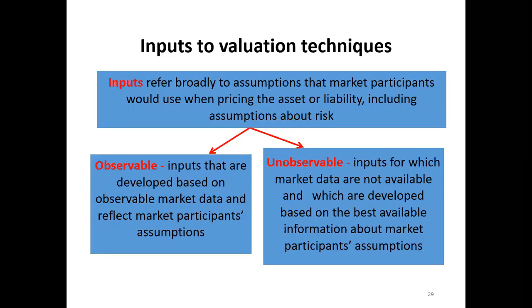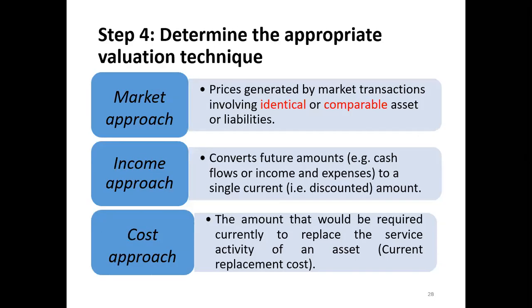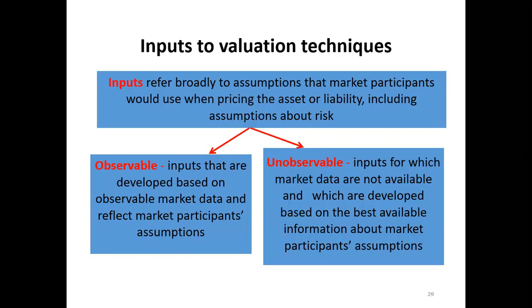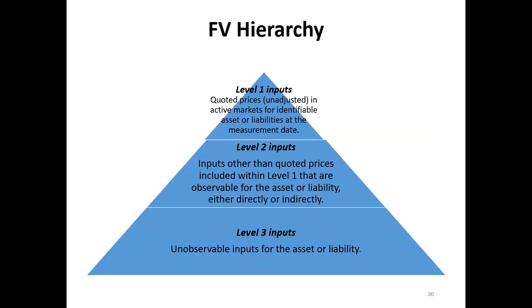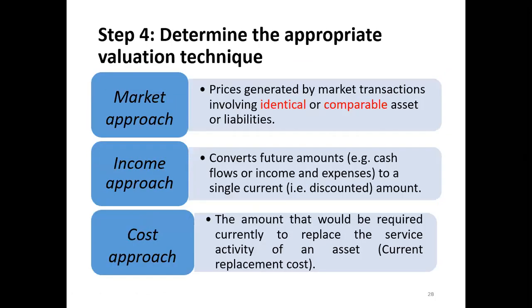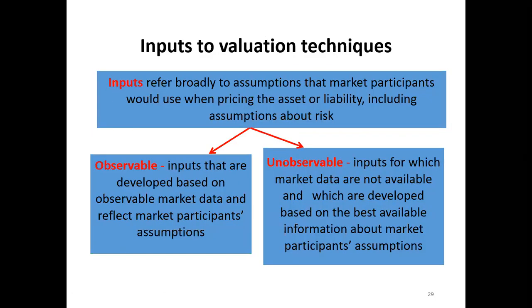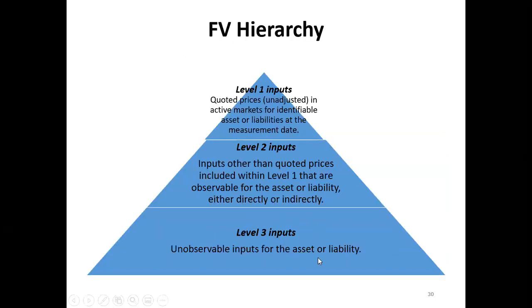If I draw a relationship between these, now you must see the clear picture. Market approach has the observable inputs, and in that, level 1 inputs and level 2 inputs are there. When it comes to the income approach and cost approach, you would find predominantly the unobservable inputs, and they fall to the level 3 inputs.